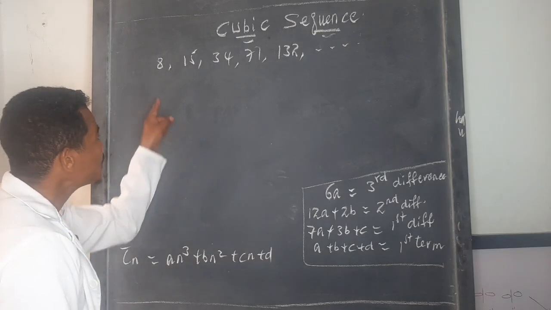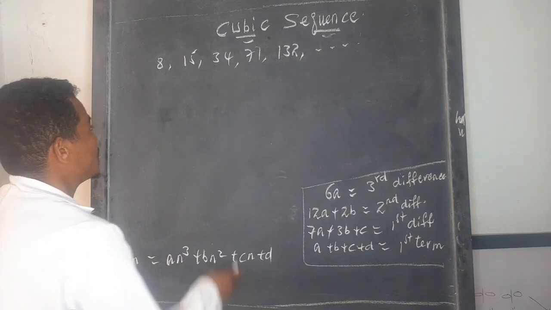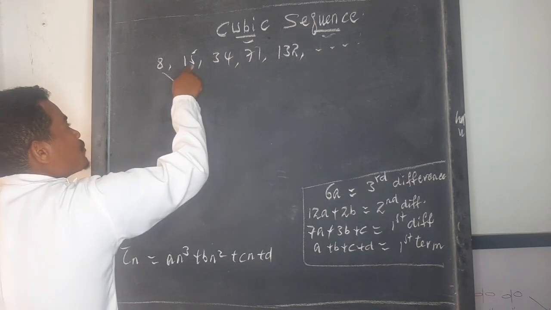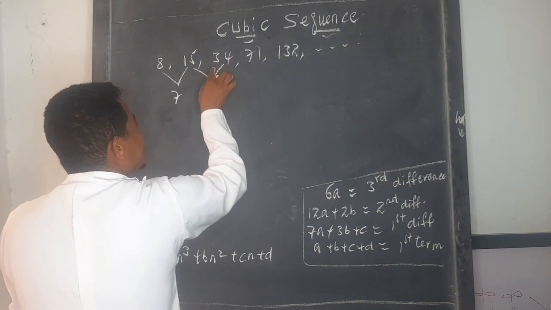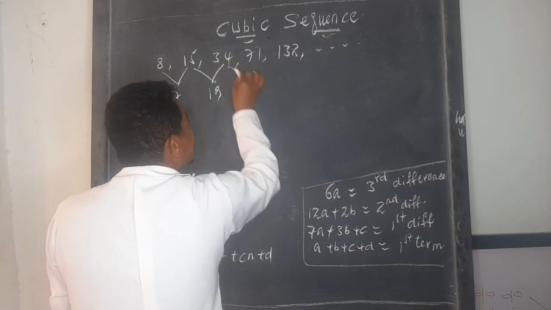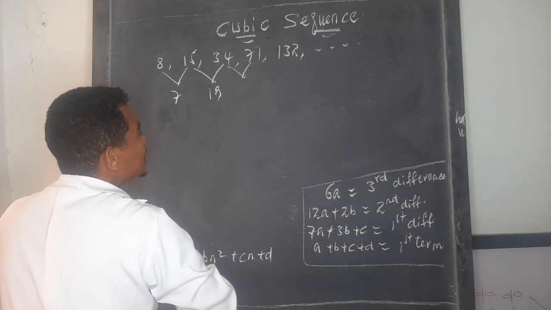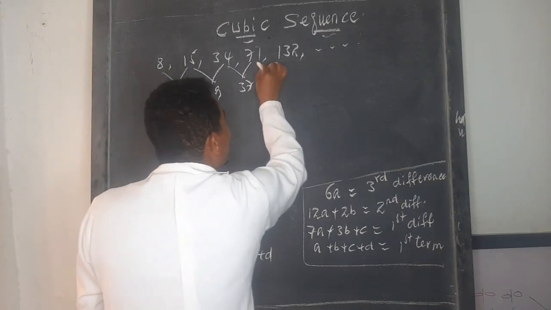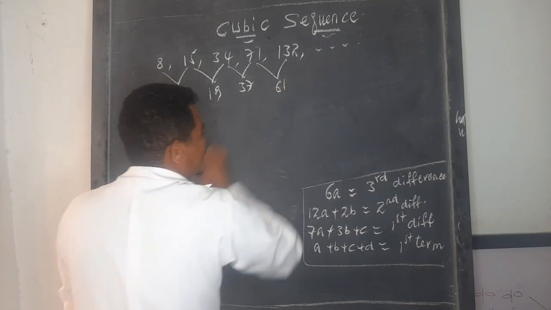For this, the first step is to find what kind of sequence it is. So let's find the common difference between each consecutive term. 15 minus 8 is 7, 34 minus 15 is 19, 71 minus 34 is 37, and 132 minus 71 is 61.